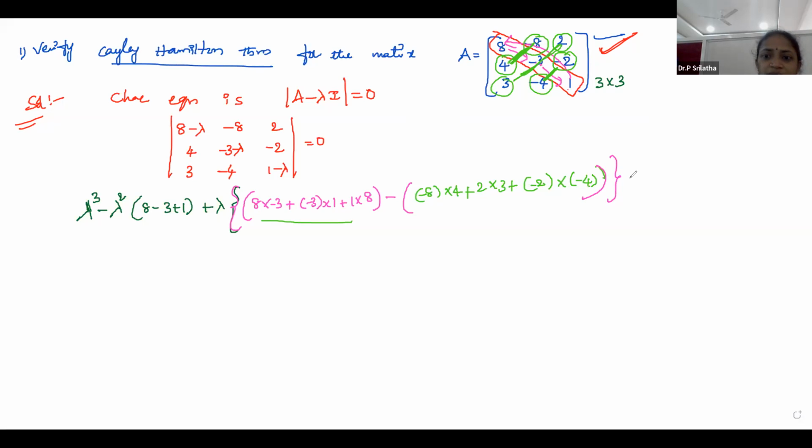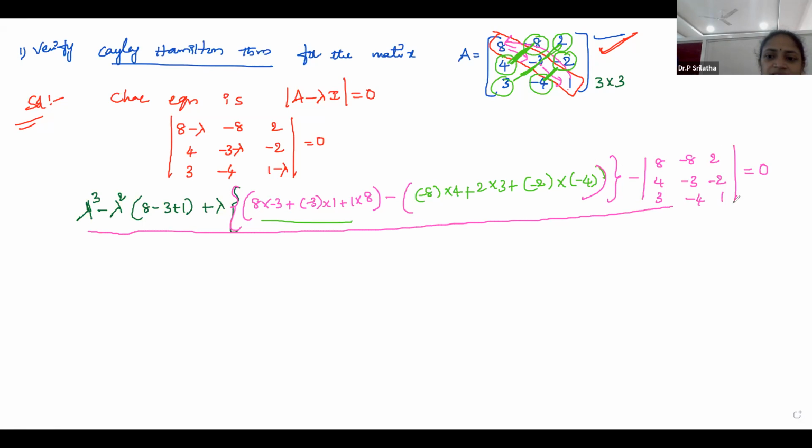So minus of det A. That will be 8, minus 8, 2, 4, minus 3, minus 2, 3, minus 4, 1. So here we need to calculate the determinant. Okay. So all of you solve this equation. Then tell me what is the characteristic equation. Do it fast.